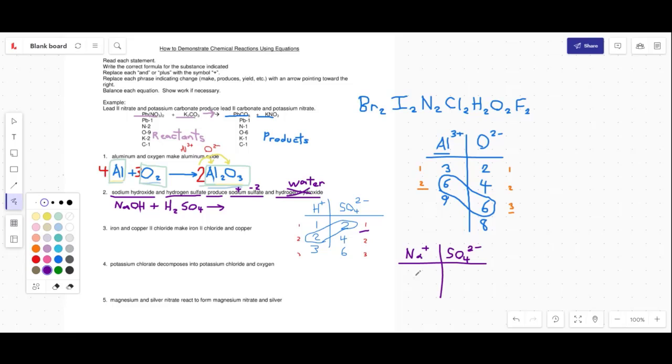So what's the lowest common multiple of 1 and 2? 2. So how many sodiums do you need? 2. I need 2 sodiums. How many sulfates do you need? 1. It's Na2SO4. And then plus water. And water, of course, is H2O.